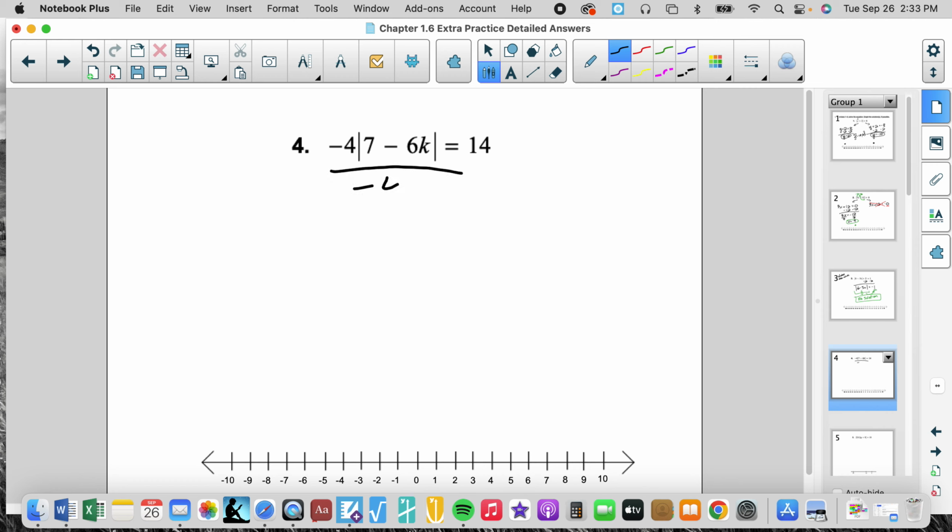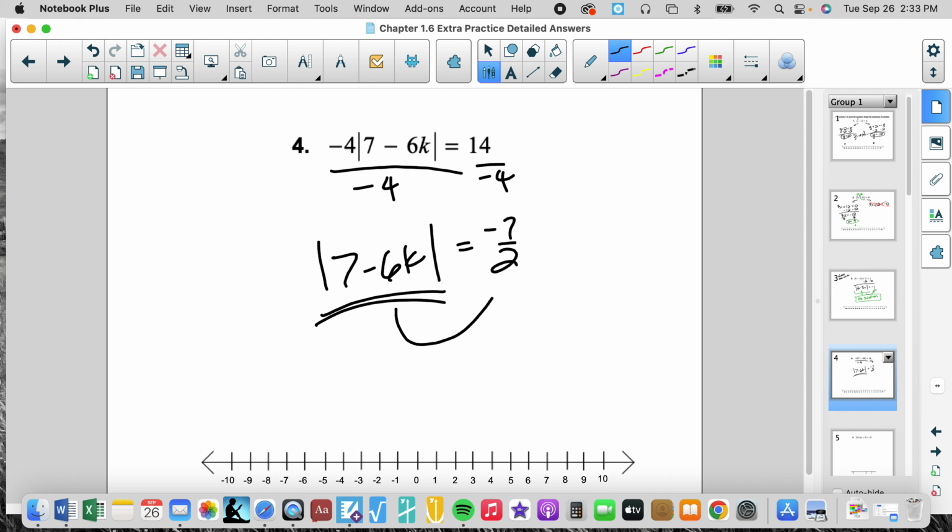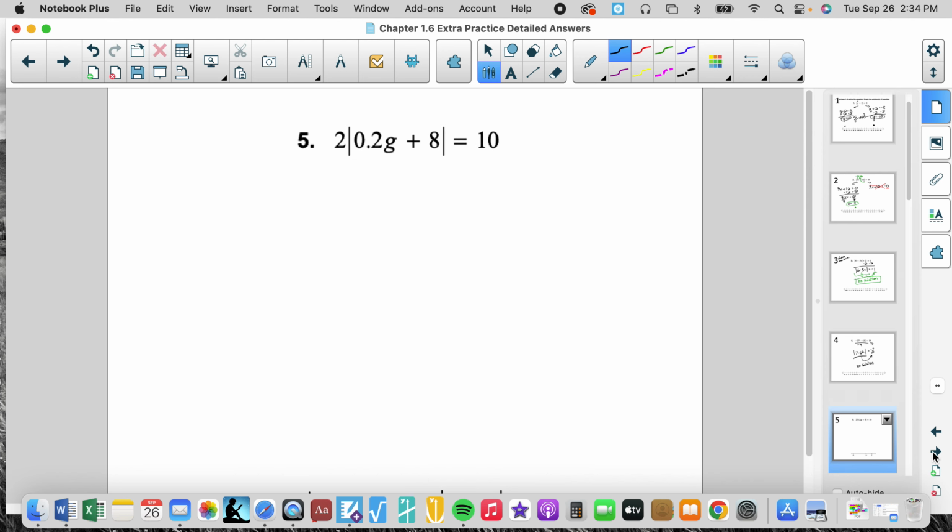So negative 4 is multiplying it, so we're going to isolate it in that manner. And we get negative 7/2. Now, what do we see again? We have an absolute value that equals a negative number. That's impossible. So we will say no solution for number 4 also. So that's back-to-back problems that provided us with no solution.